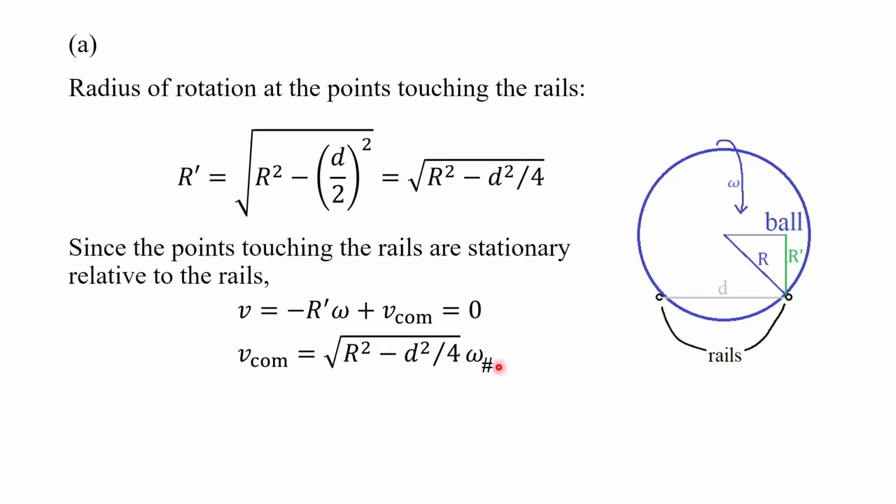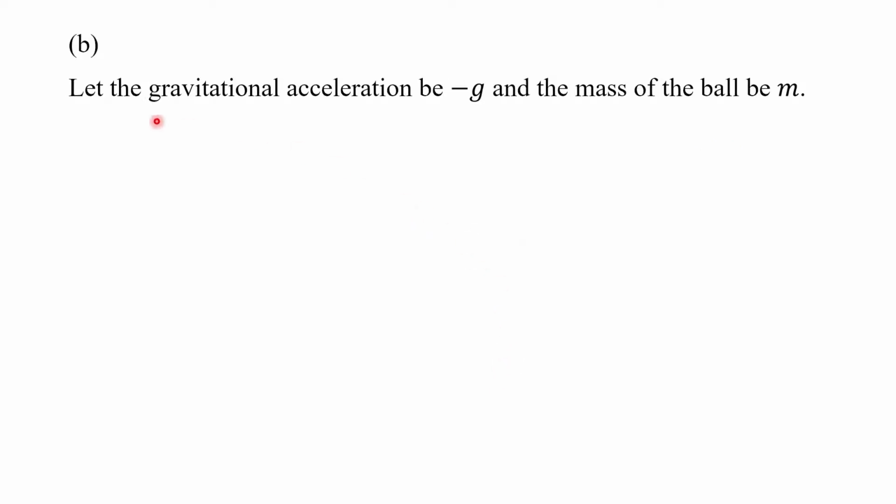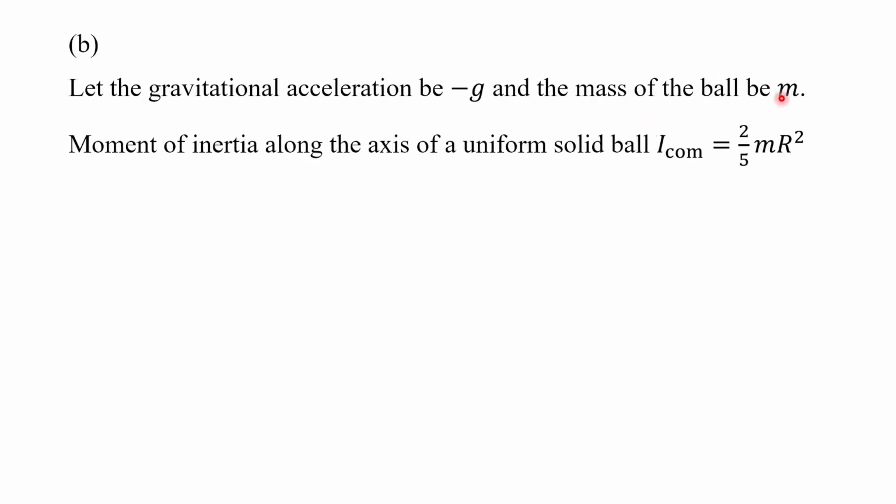For Part B, we first let the gravitational acceleration be negative g and the mass of the ball be m. We know that the moment of inertia of a uniform solid ball is equal to 2 over 5 times mr squared. So the rotational kinetic energy is equal to a fifth times mr squared times omega squared.